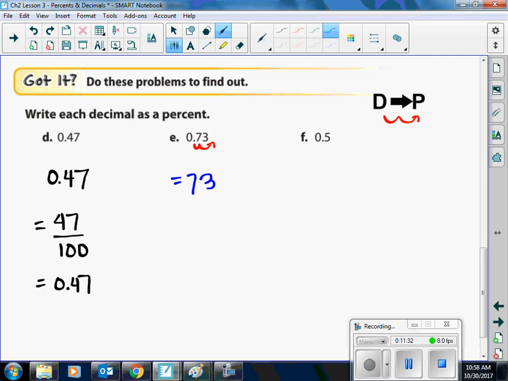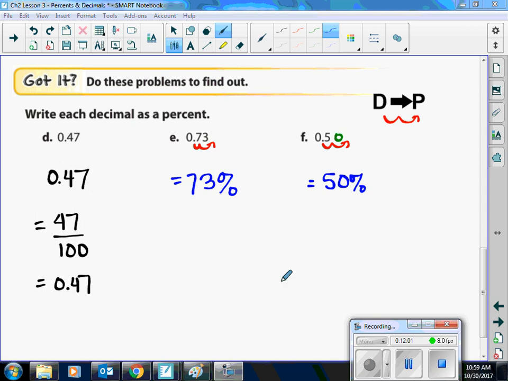This is going to be 73%, because we just moved the decimal 2 places to the right. Is everybody clear with that? And then for this one, move the decimal 2 places to the right, and what do I do over here? You add a 0, very good, and then we can put our percent sign on. So this is going to be 50%. Beautiful.